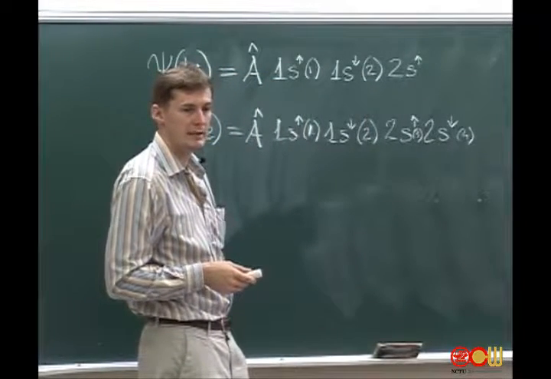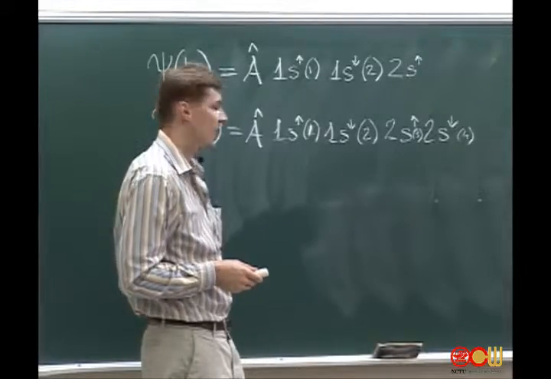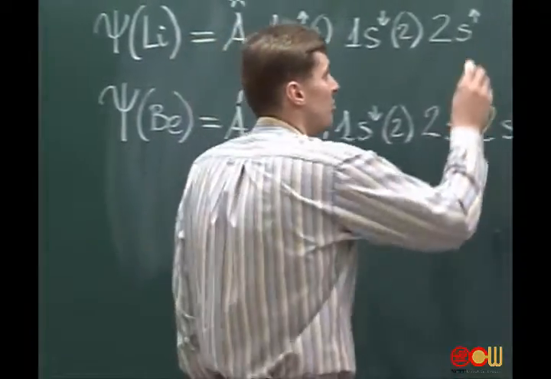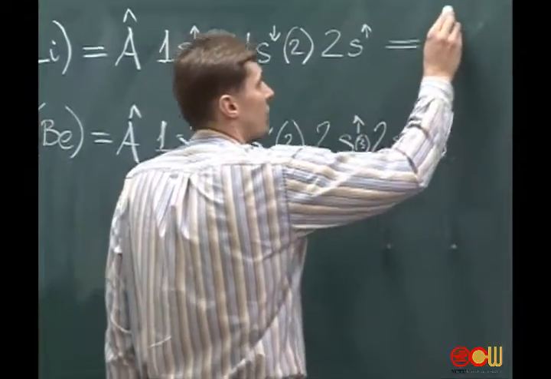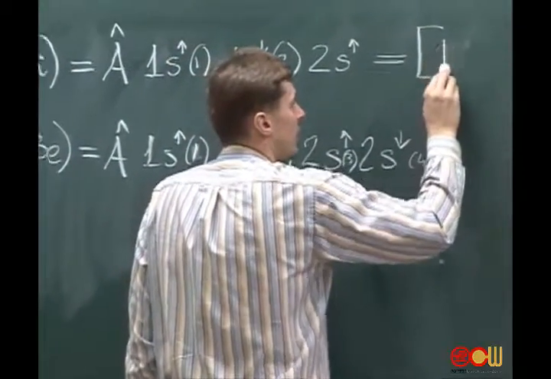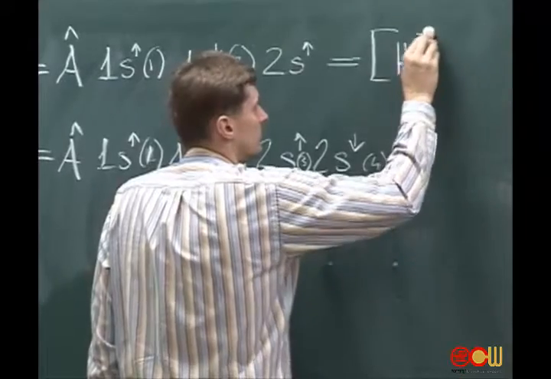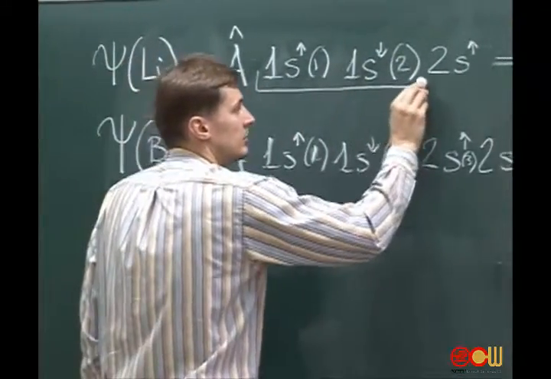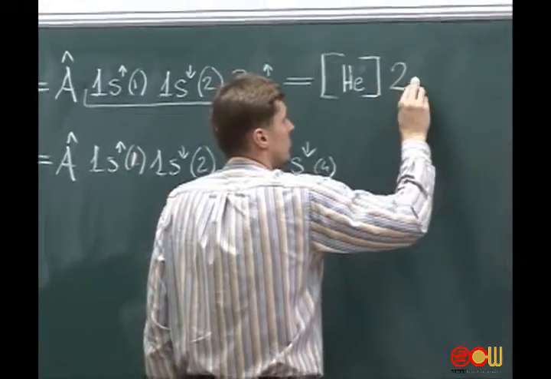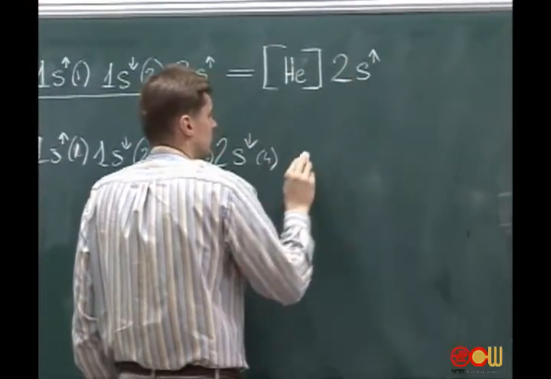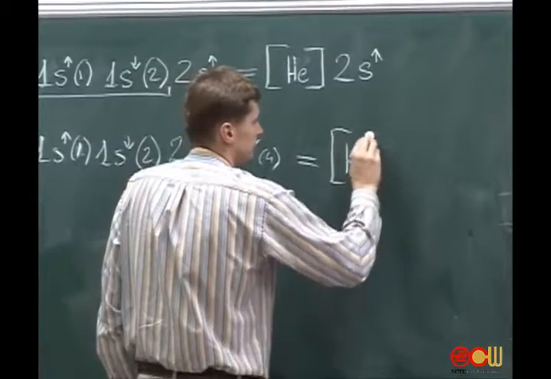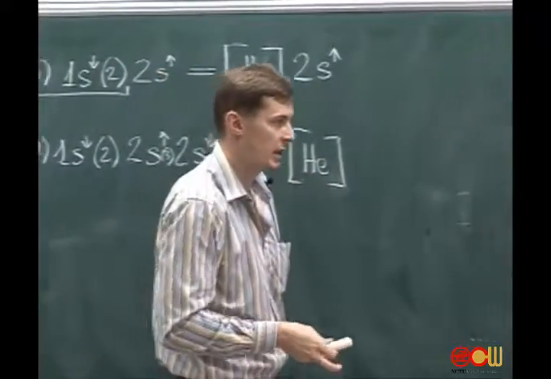Since people are lazy, and second, writing these formulas takes a lot of space, people are usually writing it shortly. They say helium, which is this part, and then 2s plus. This one would be written as helium. Why helium?